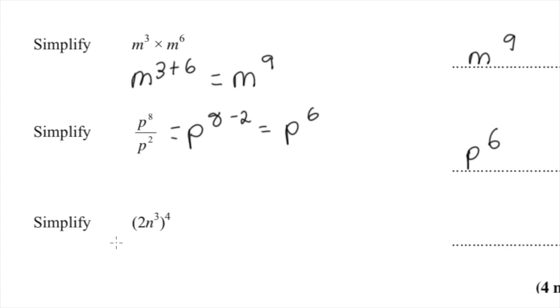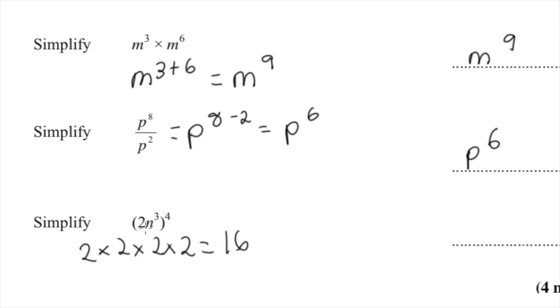So for the last question, it says 2n to the power of 3 in brackets to the power of 4. So this one is a bit of a tricky one. Obviously we've learned the law that you multiply the powers, but we also need to remember that there's a 2 there. So it also means 2 to the power of 4, which means 2 times 2 times 2 times 2, which is 16.